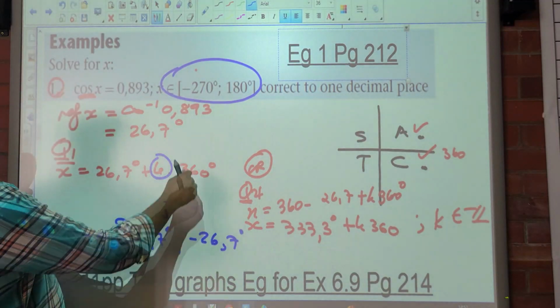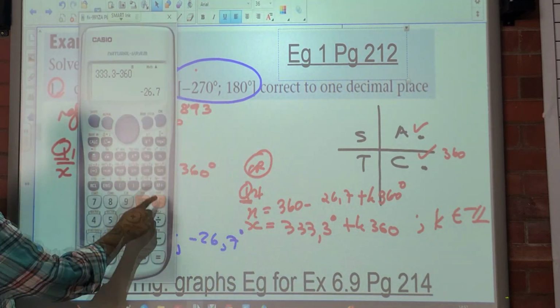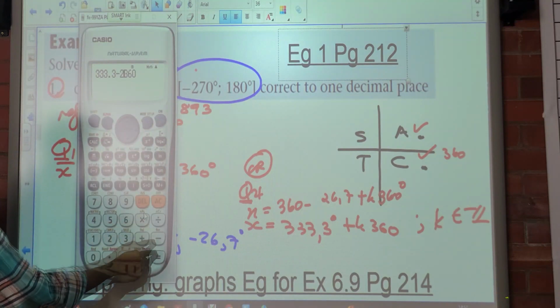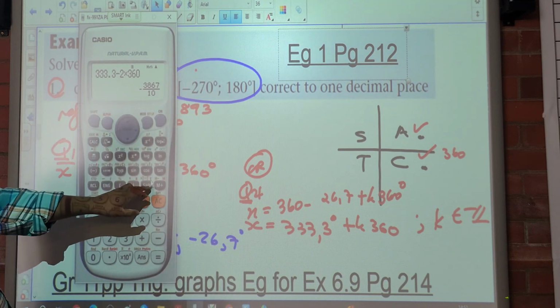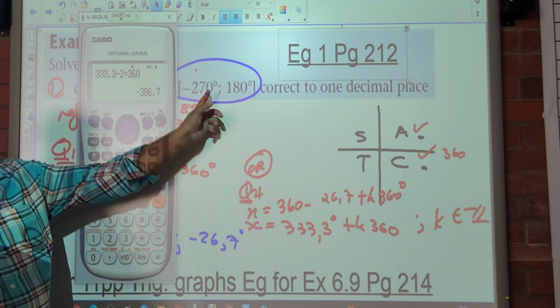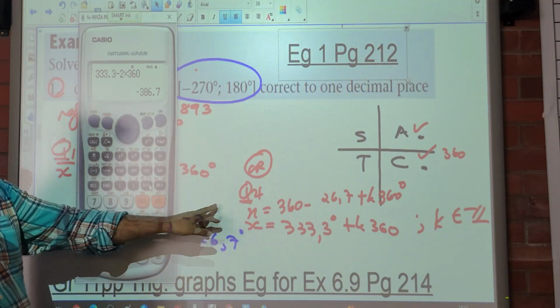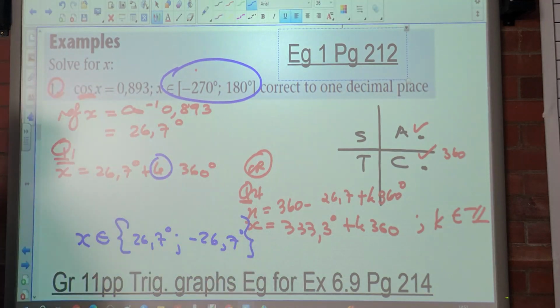That is within the given domain. If I go with minus 2, which is 2 times 360, it's going to give me negative 386,7. Is that inside or outside? Outside. Do I need to write it down? No. Then there are 2 solutions that satisfy the given restriction.